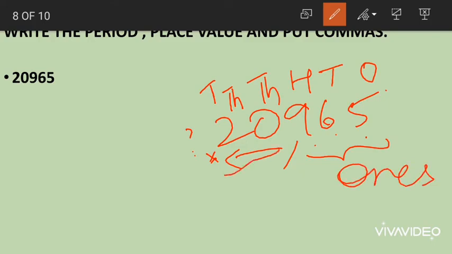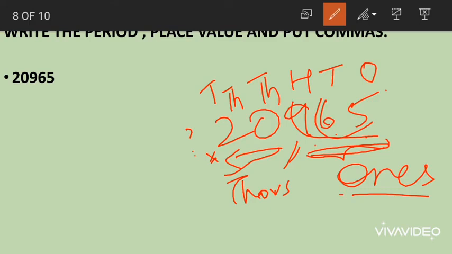Thousands and 10,000s fall under the thousands period. Again, if you are confused, you can look at the comma here. All the numbers after this comma come under ones period, because numbers are divided using commas based on their periods, so the numbers after a certain comma fall under the same period.